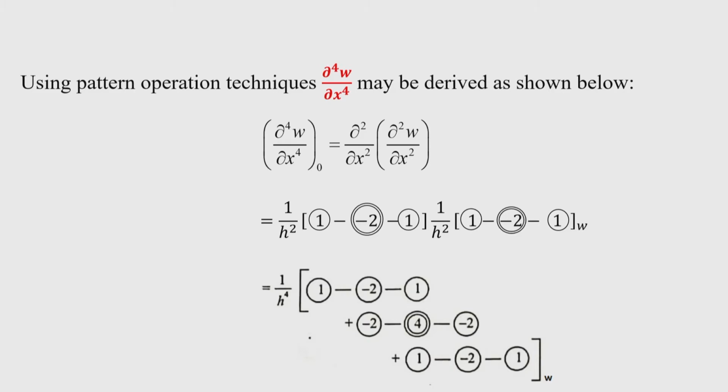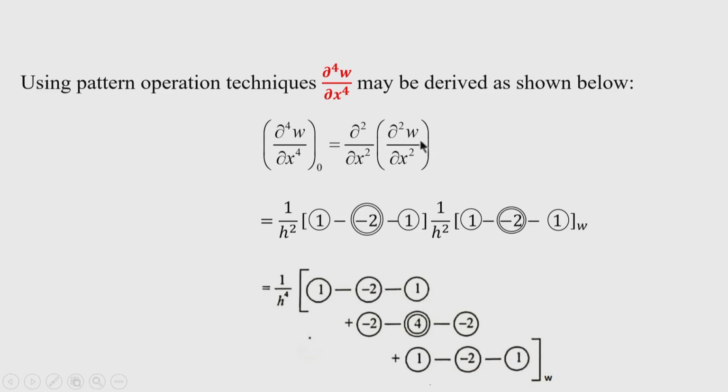Next we consider the last derivative, because our plate equation is of fourth order. So, we must go up to the fourth order derivative. If I want to express the fourth order derivative in finite difference form, I can write del square dx square into del square w del x square.